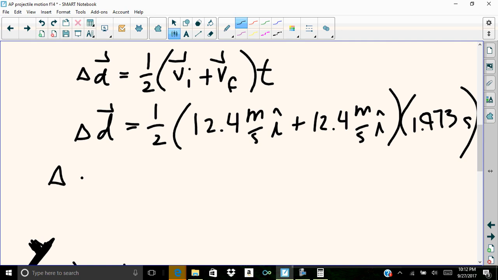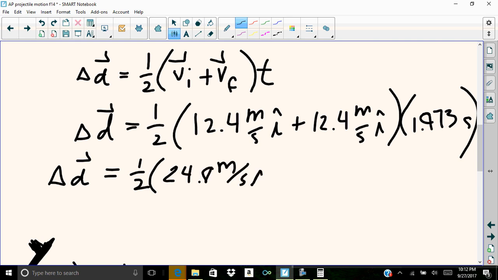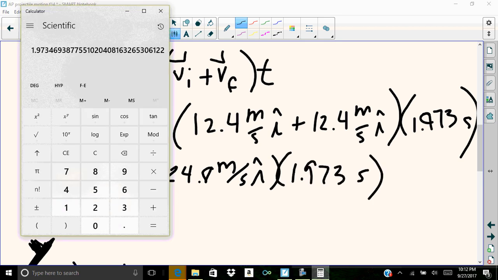But we're going to write this all out anyway. So this gives me 1/2 times 24.8 meters per second I hat times 1.973 seconds. And we're going to go ahead and calculate that.